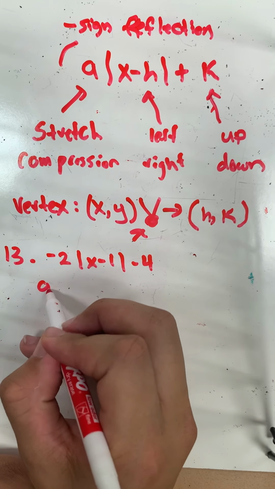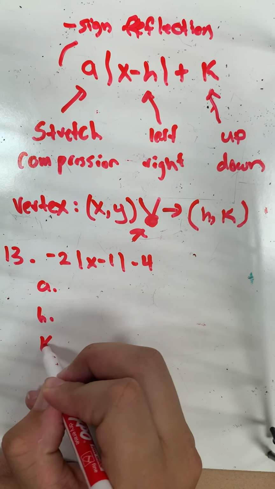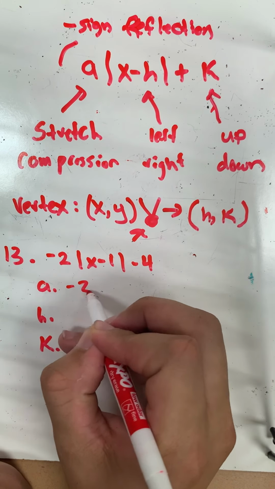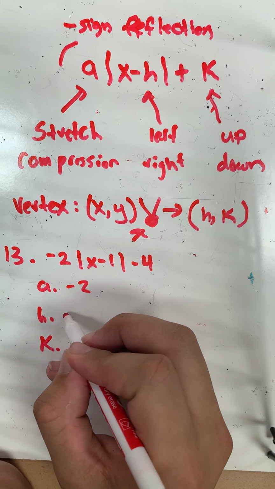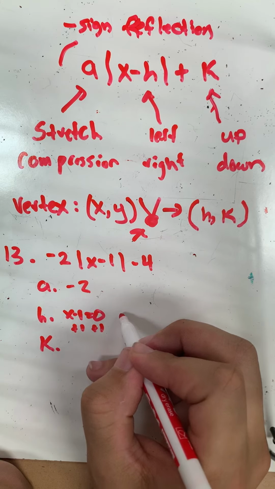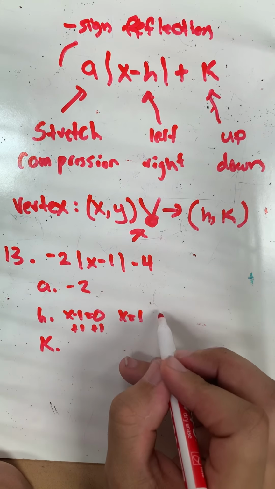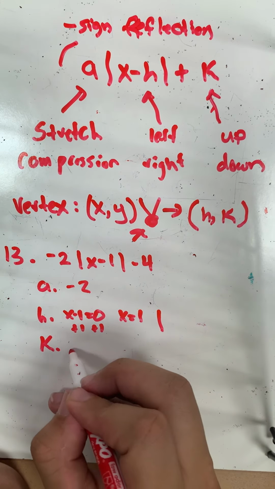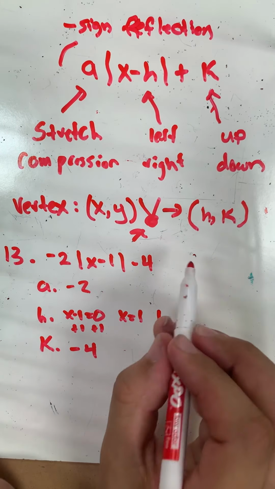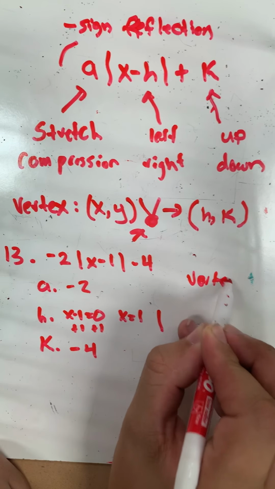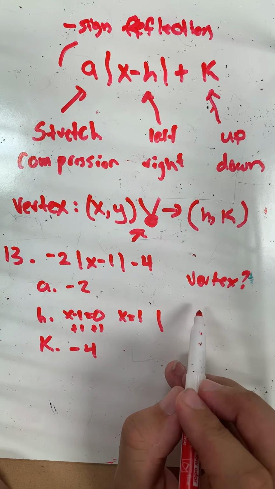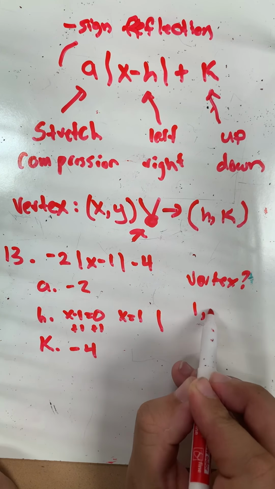So if I were to ask what's your a, what's your h, and what's your k, you could tell me that my a is -2, my h is x minus 1 equals 0, where I add 1 to both sides, and I get x equals 1, therefore my h is 1, and my k is -4. So if I were to say, what's your vertex? You would tell me that it's h comma k, which in our case is 1 comma -4.